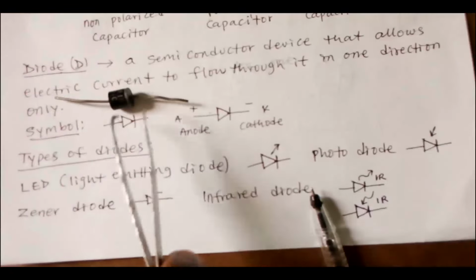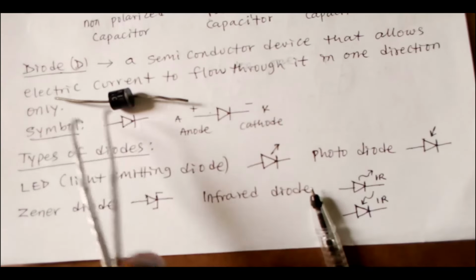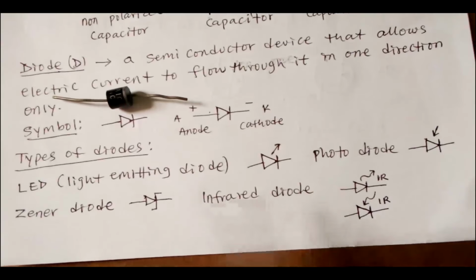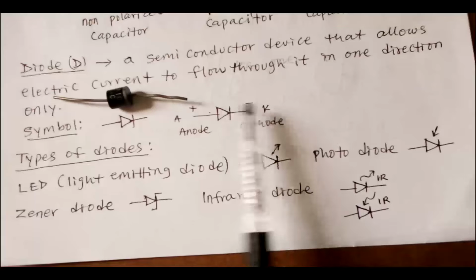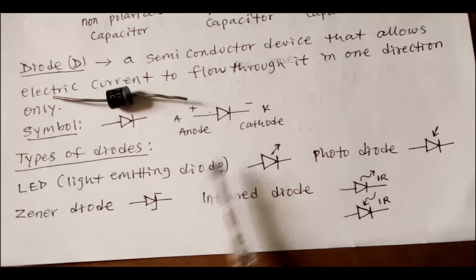If you look at it here, you can see this mark on it. This is the direction in which current flows, from the positive to the negative. It allows current to flow in this direction only; if you push current the other way, it's going to block it. You understand?